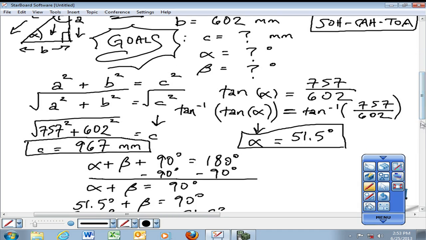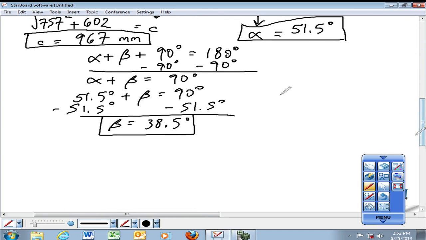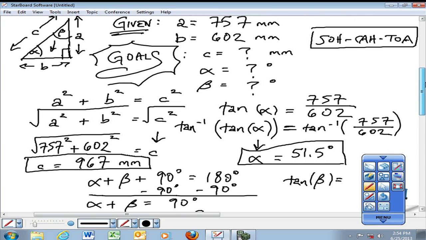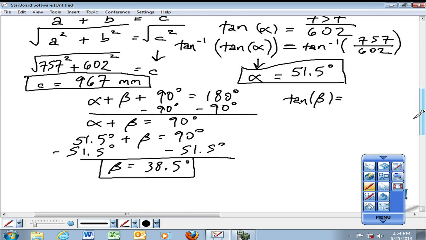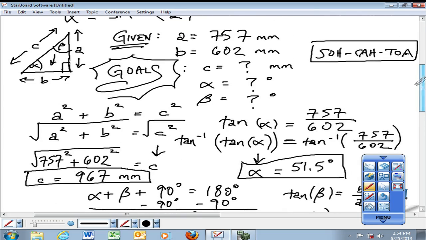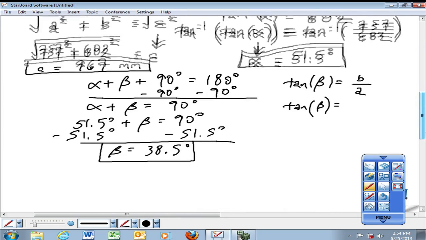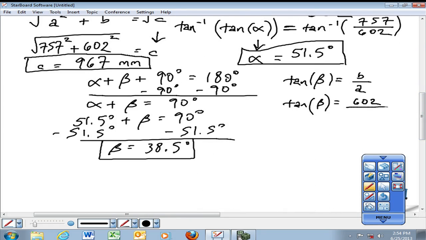So you could say the tangent of beta is equivalent to B divided by A. In other words, the tangent of beta is B, which was given to us as 602, divided by A, which was 757.